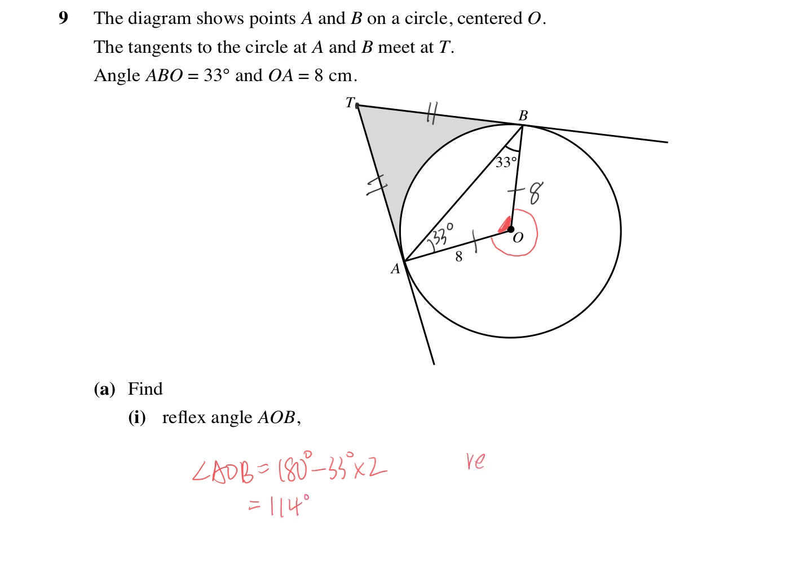Then to find reflex, you use 360 take away the 114, which is 246. Angles at a point. This is an isosceles triangle. Base angles of isosceles triangle.